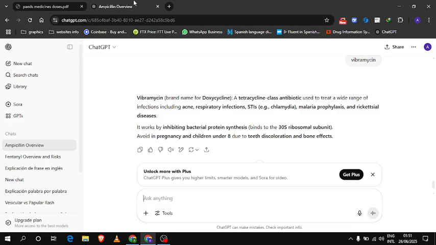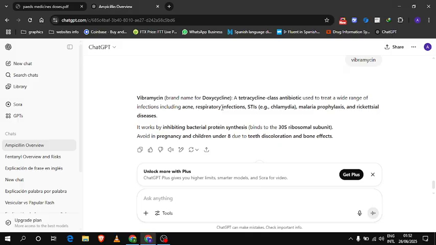It works by inhibiting bacterial protein synthesis. Avoid in pregnancy and children. Yeah, it is teratogenic and should not be given in pregnancy or children under 8 years due to teeth discoloration and bone effects.